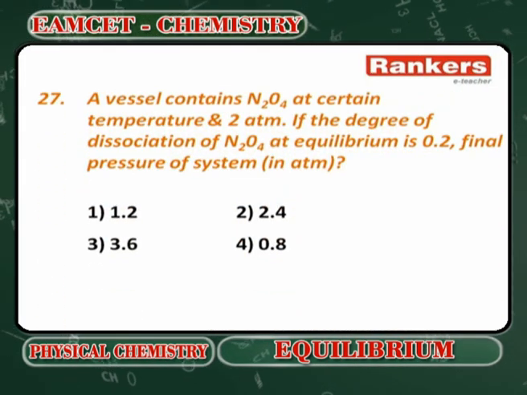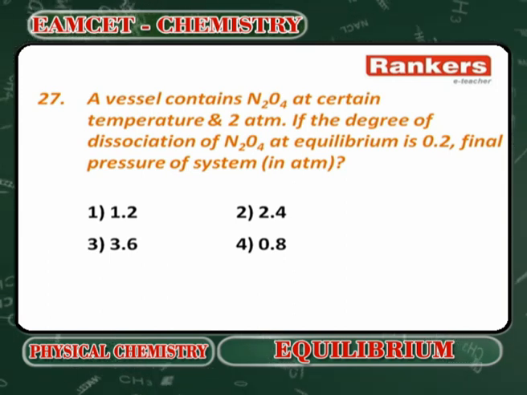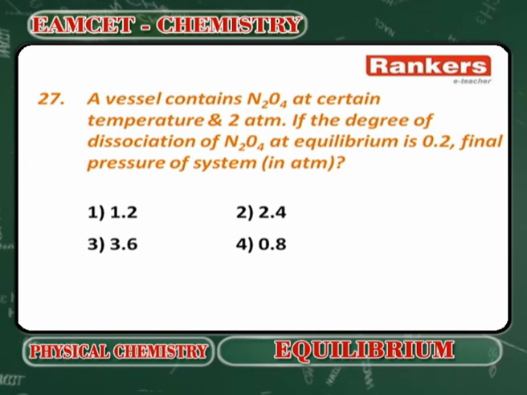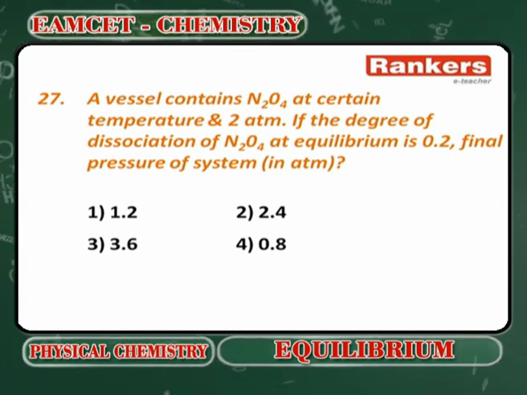Next, what is the final pressure of the system? A vessel contains N2O4 at 2 atmospheres. The degree of dissociation of N2O4 at equilibrium is 0.2. What is the final pressure of the system?